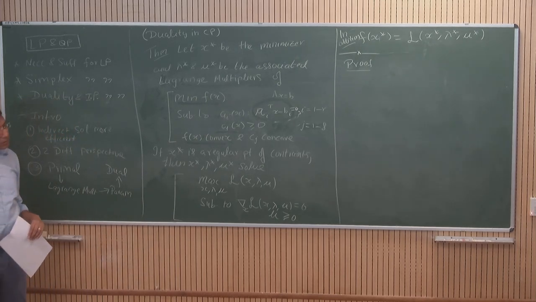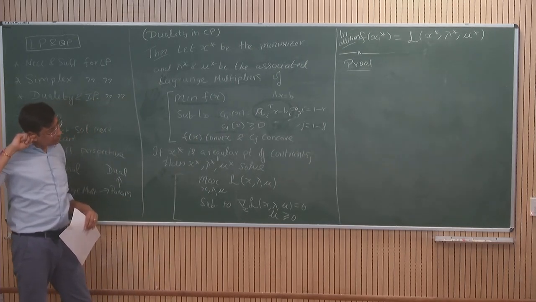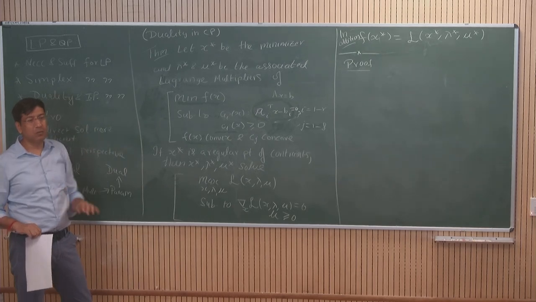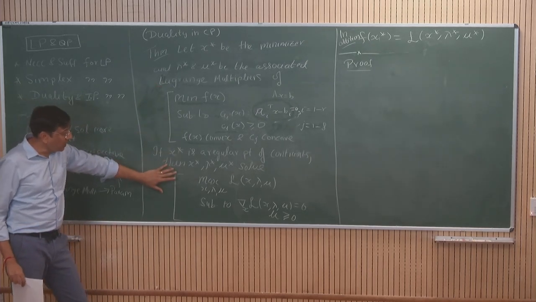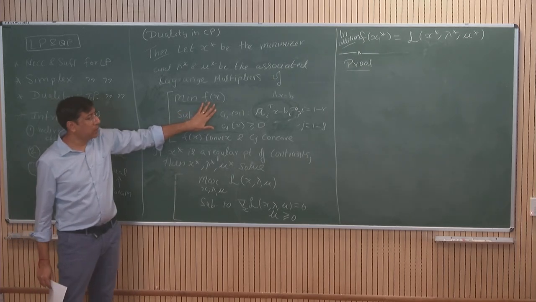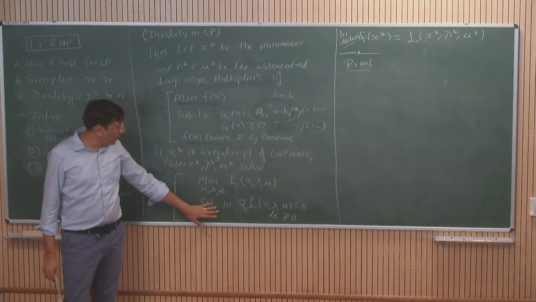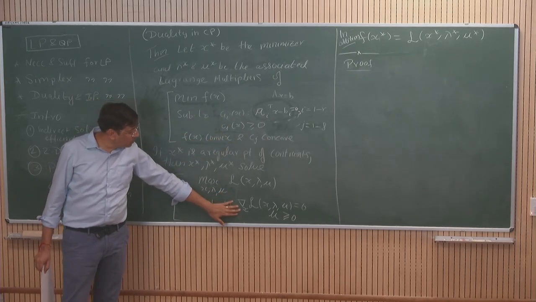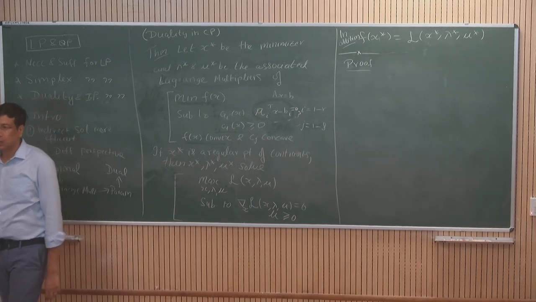So, or India is the dual of US, or North America is the dual of South America. Whichever perspective you want to see, one is north, one is south. So here you're minimizing f of x, here you're maximizing. Here you're working with the function, here you're working with the Lagrangian, and the constraints a_i and c_j are not playing around with the gradient of the Lagrangian, and the Lagrange multiplier mu is playing a role.